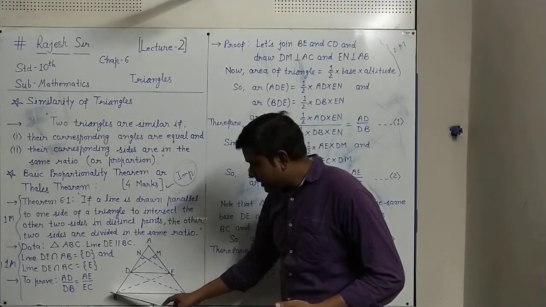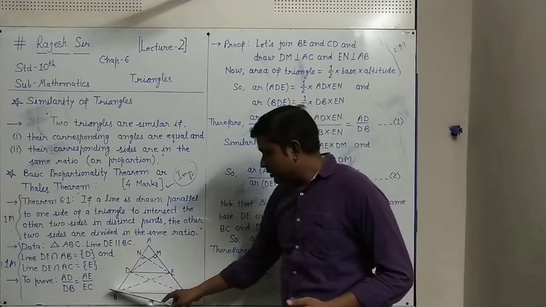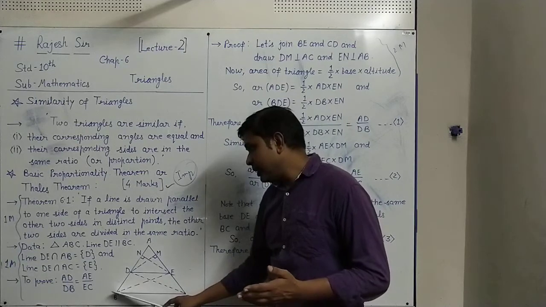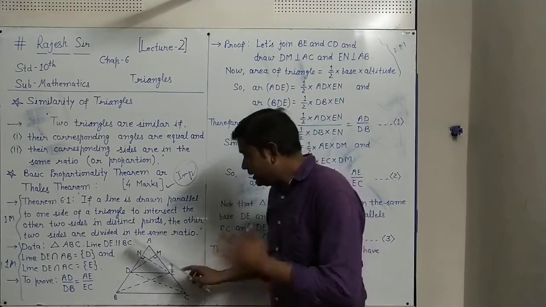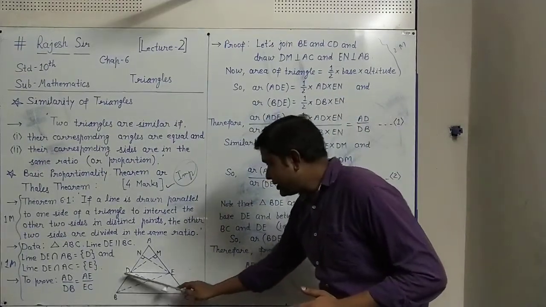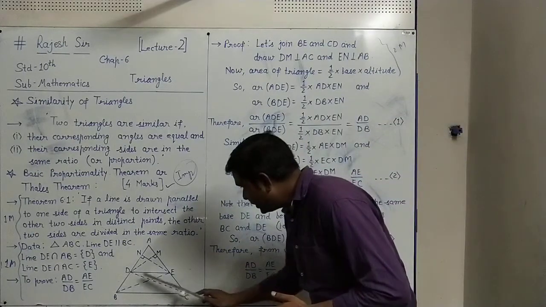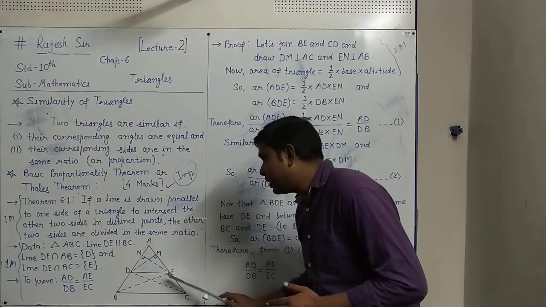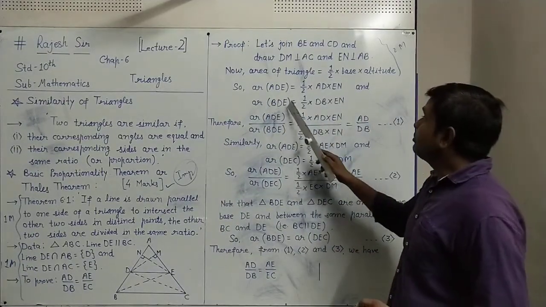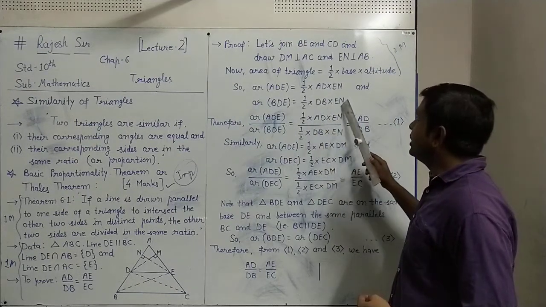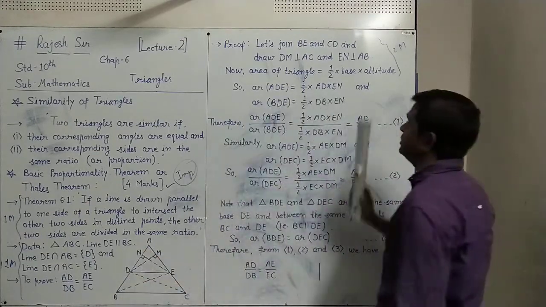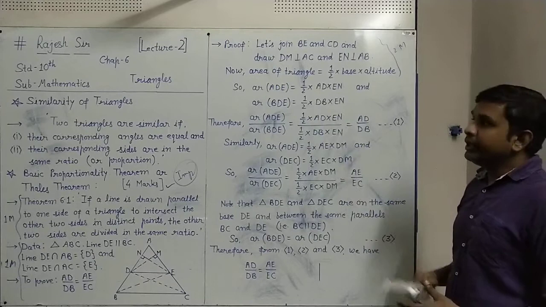If you extend AB on the A side, this EN will be the altitude on the base BD. So the base is BD and the altitude is EN, because it is on the extended part that EN is perpendicular. So area of triangle BDE is equal to half into BD into EN. So these two results we have.